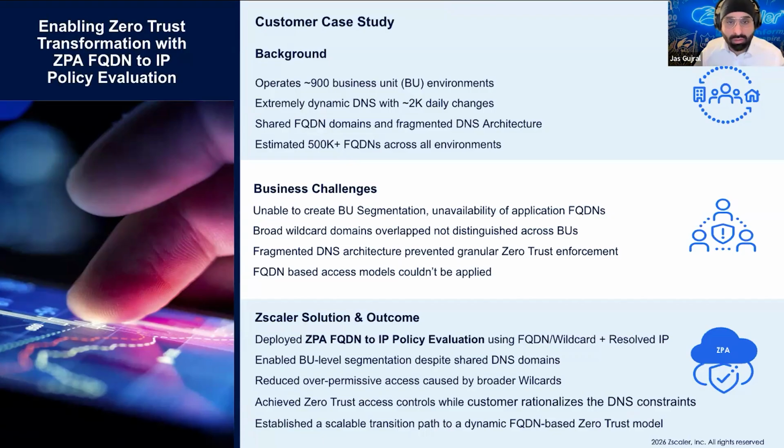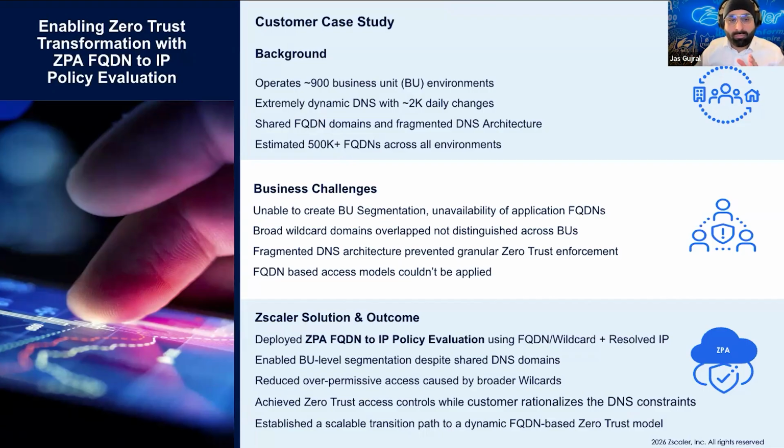Most importantly, the customer was able to deploy the zero trust access controls with the combination of FQDN plus the IP that gets resolved from these FQDNs, which is then matched against a granular IP-based app segment as a combination of a policy check.